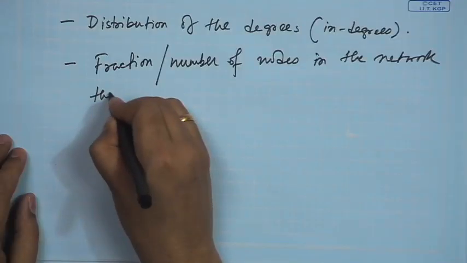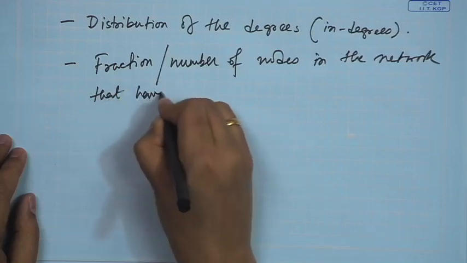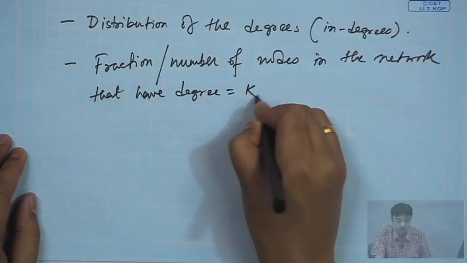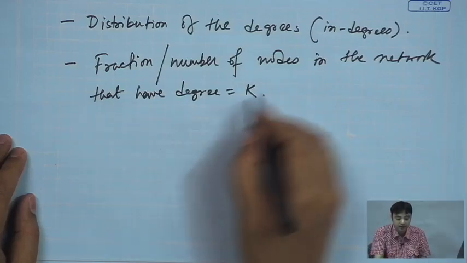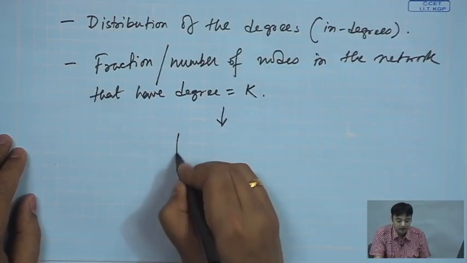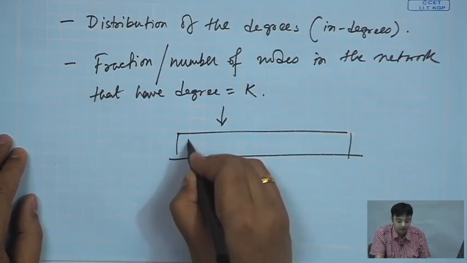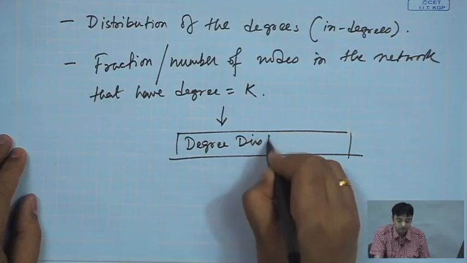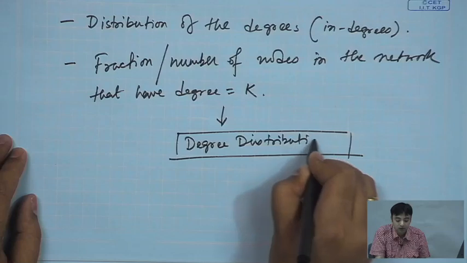The fraction or number of nodes in the network that have degree equal to k is what is referred to as the degree distribution of a particular network.